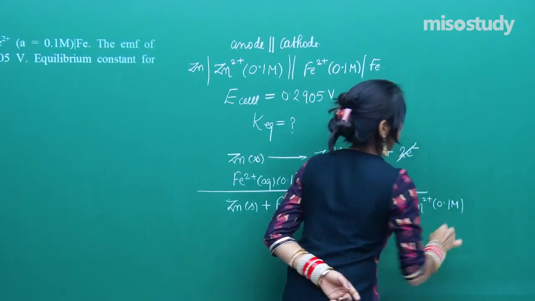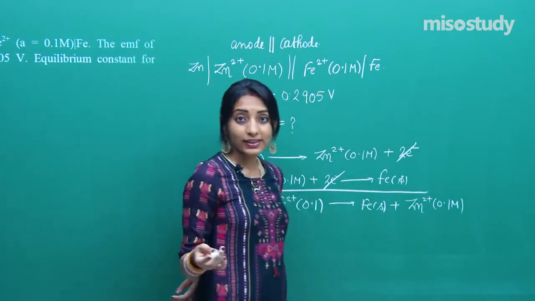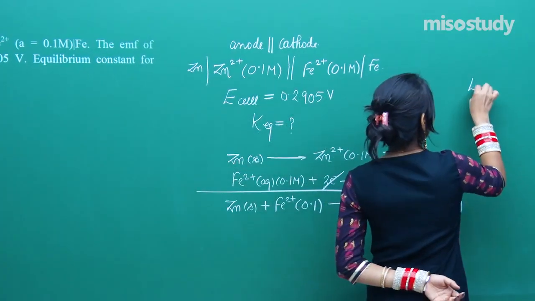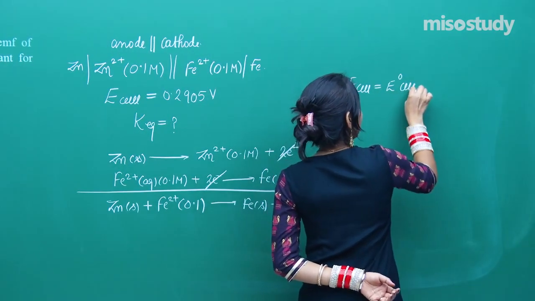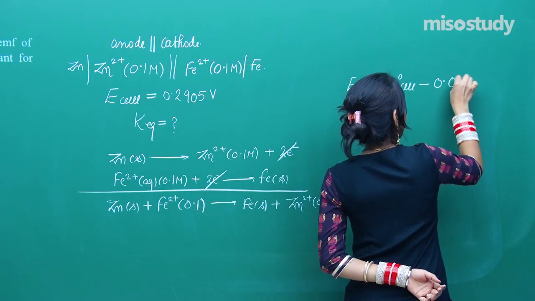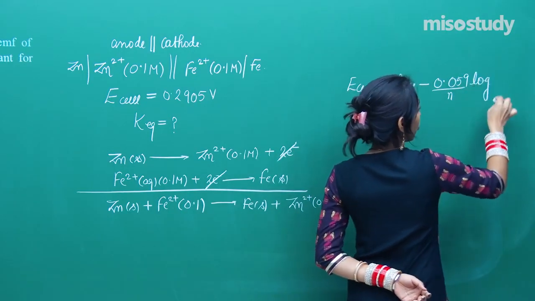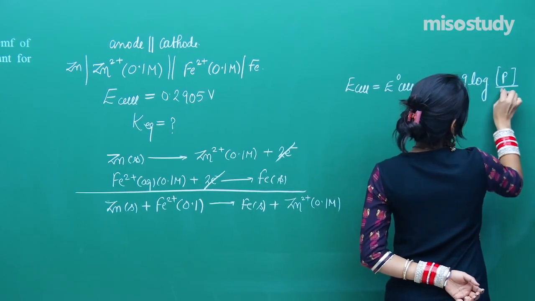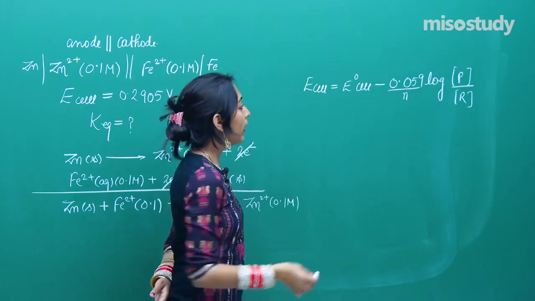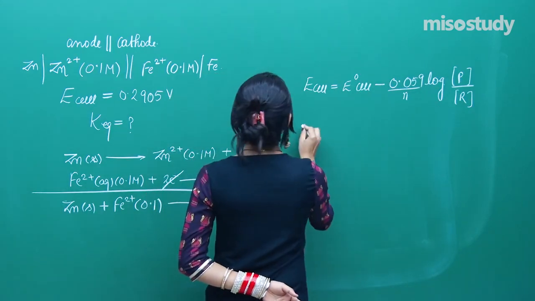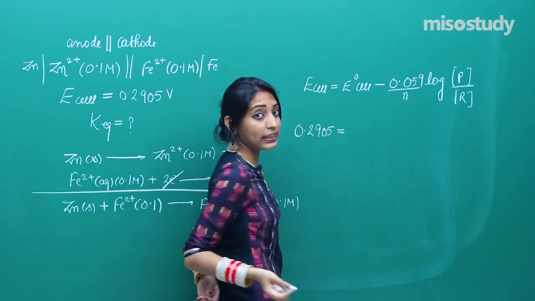Now if I ask you to write the Nernst equation, so I'll say E cell is equal to E naught cell minus 0.059 by n log concentration of products to be divided by the concentration of reactants. Okay. Now E cell is given to me as 0.2905. I don't know what is E naught of the cell.